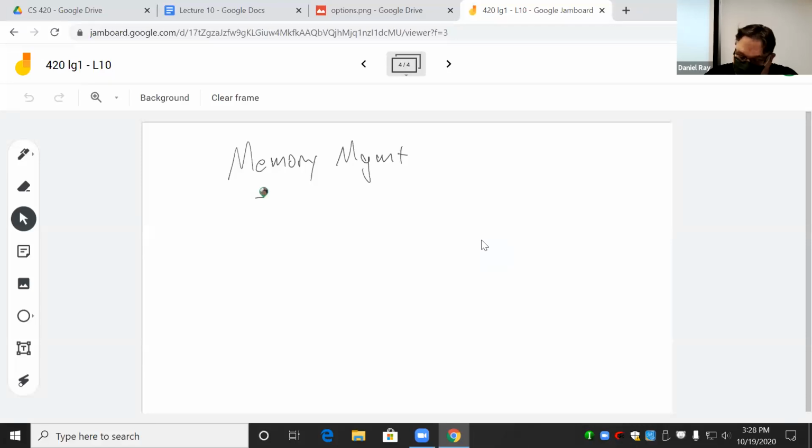It's unfortunate that history has left us with two meanings of the word memory. In the first case, often what we mean when we say memory is the RAM, the random access memory. How many of you have ever held a RAM chip in your hand?